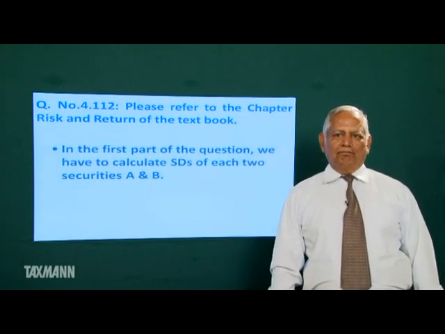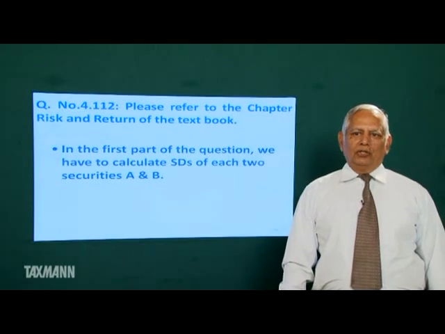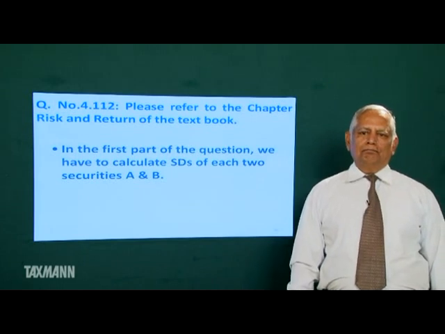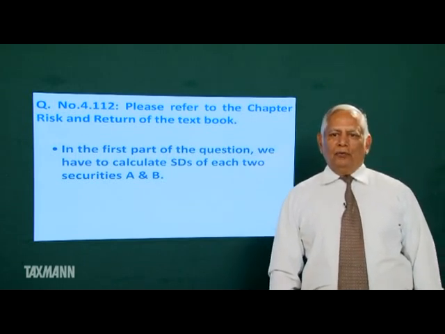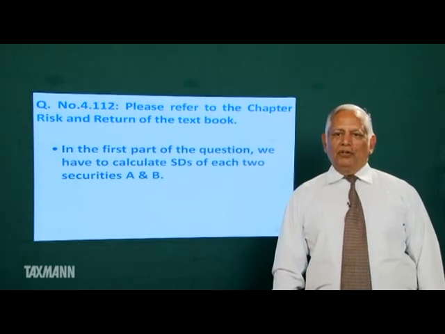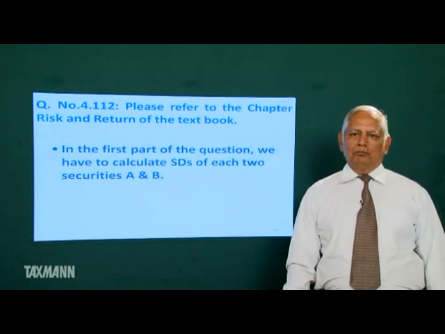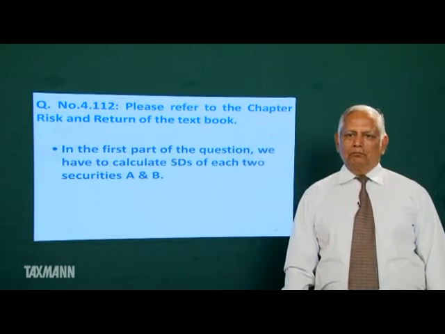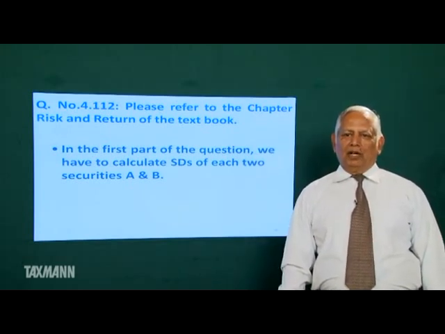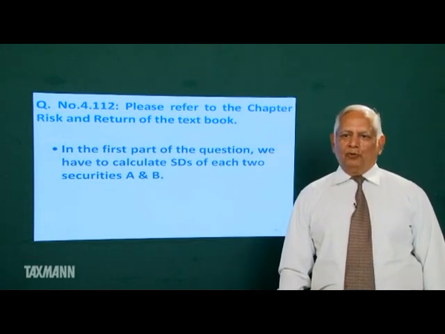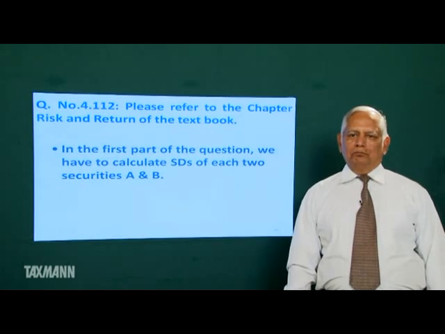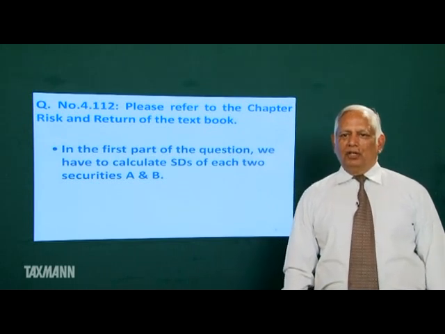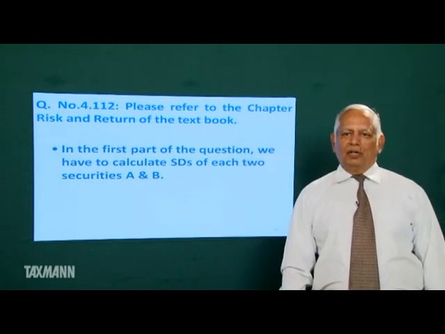In the first part of the question, we have to calculate standard deviations of each of two securities A and B. We have to calculate standard deviation of A, standard deviation of B. We are given beta, we are given market standard deviation, so we can find systematic standard deviation. Residual standard deviation is given in the question. Systematic standard deviation plus residual standard deviation will give us standard deviation of a security.